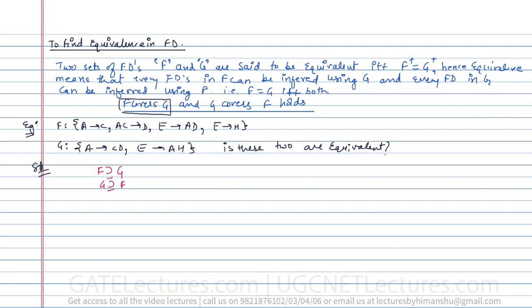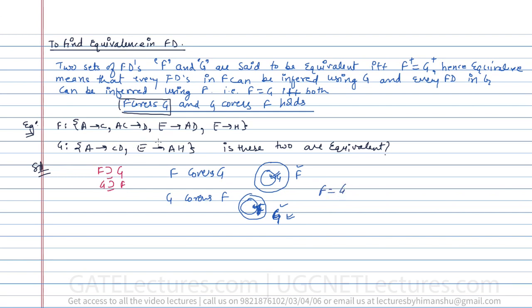When I'm saying F covers G, that means if this is the set which is denoting G, then this is the set which is denoting F. So every functional dependency which is denoted in G can also be denoted in F. Yet every functional dependency which is denoted in F can also be denoted in G. If both of them hold, then we can say F is equal to G.